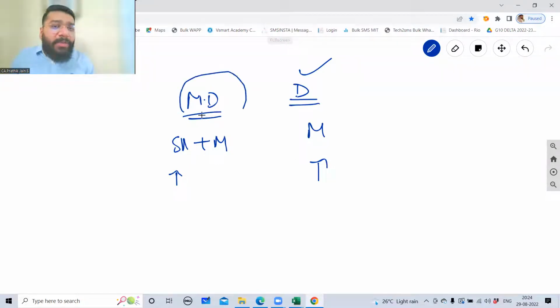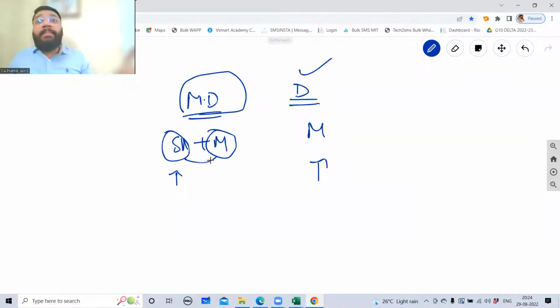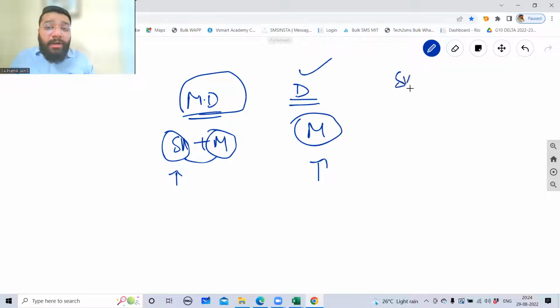If he's not investing, he'll just be management. So an MD is normally both an investor and a management person. He's both shareholder as well as member. But every director is not necessarily a shareholder. If he's investing in the company, only then is he a shareholder. If he's just running the company, he's called management. And every shareholder cannot be the management. He can just be the owner.